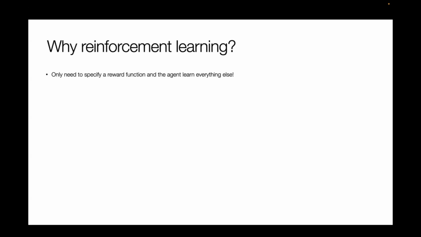And one might ask, okay, given all of this new terminology, why should we care about reinforcement learning? The idea here, simply put, is that this abstracts away a lot of the complexities that might be representing real-world problems, in the sense that reinforcement learning at its core is a methodology where, to some level, we have to specify a reward function, and then the agent is tasked with learning basically everything else.